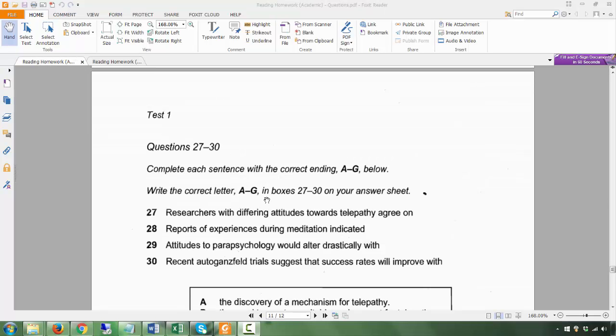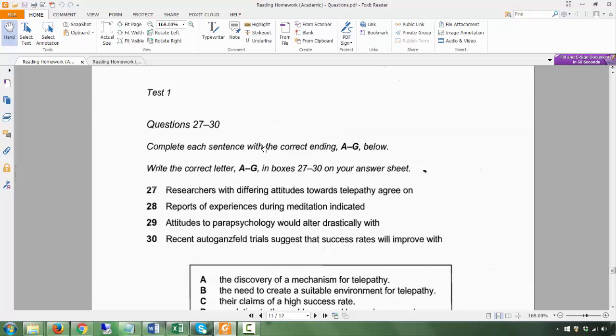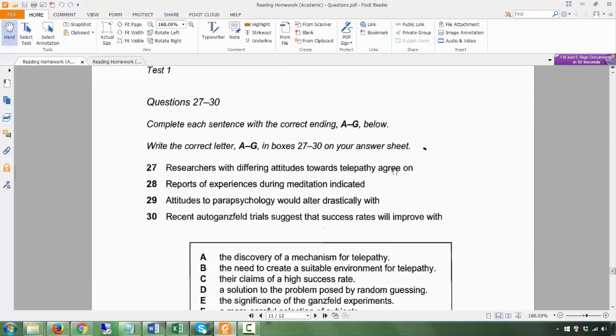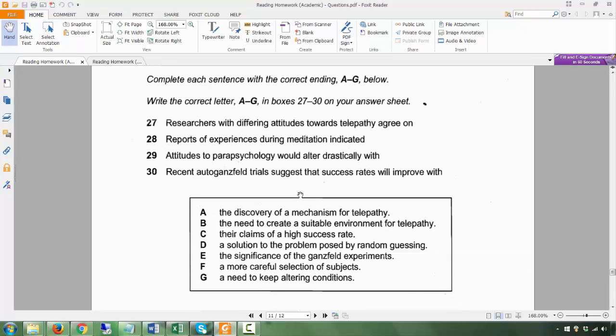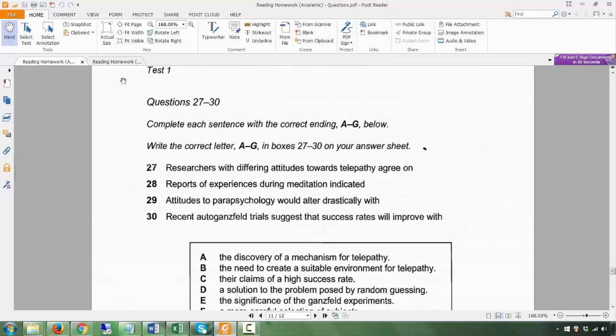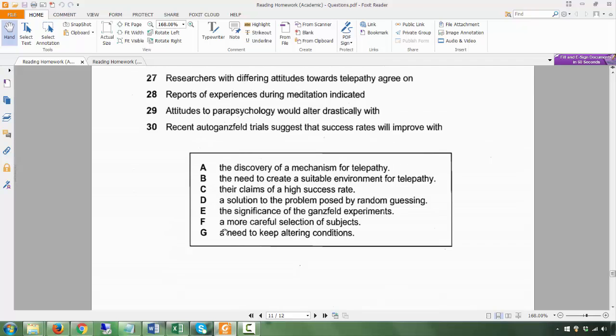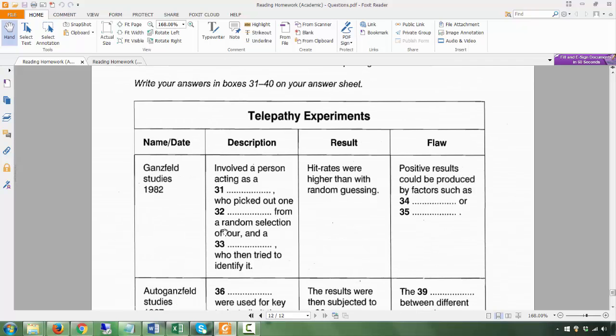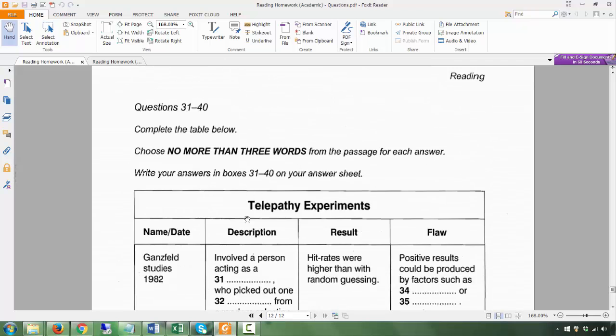All right, passage 3. So questions 27 to 40. Here, what kind of questions do we have? This is the match sentence endings, and then you have this kind of table summary.